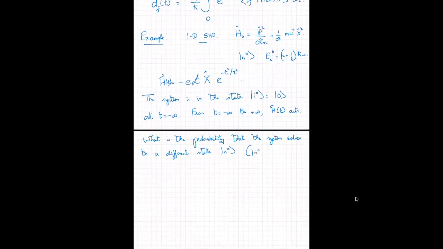I'm not interested in the case where the system does not change at all. So I don't want n0 to be the ground state. I want the ground state at time t equal to minus infinity to evolve to a different state at t equal to plus infinity.